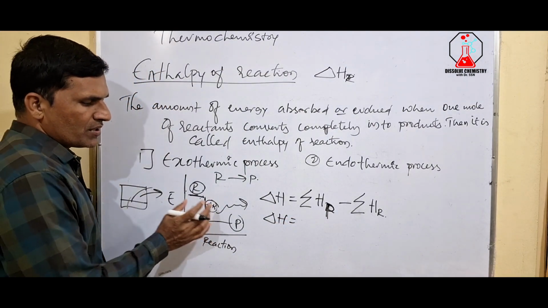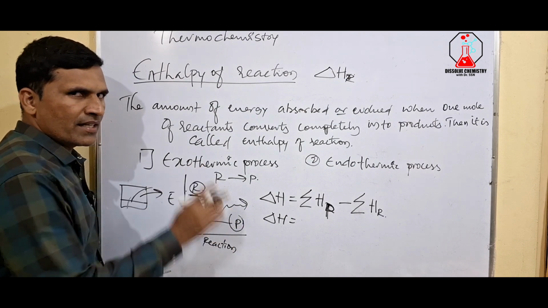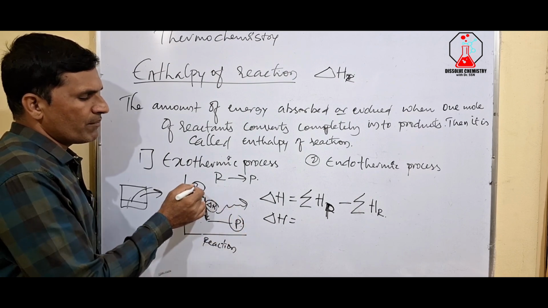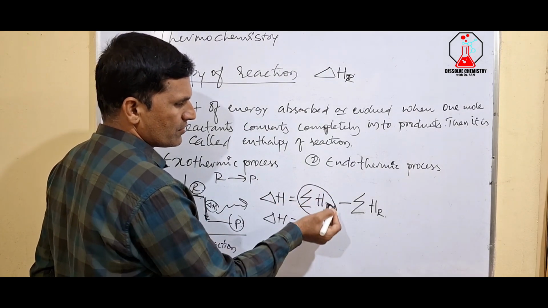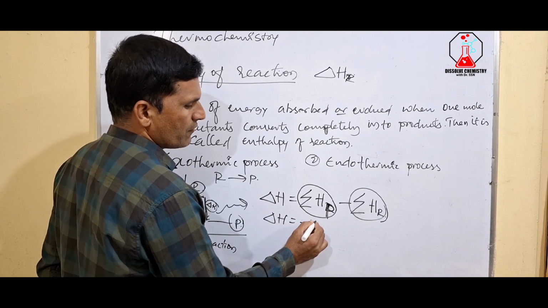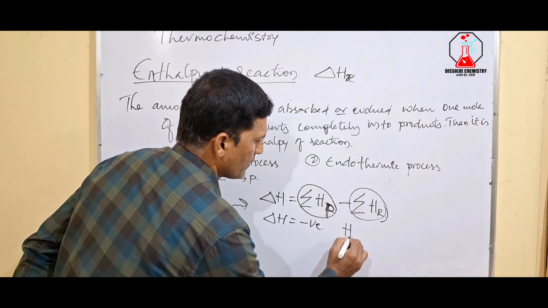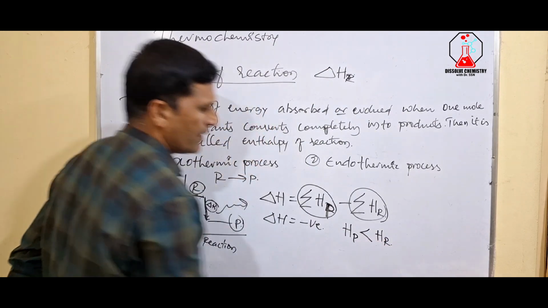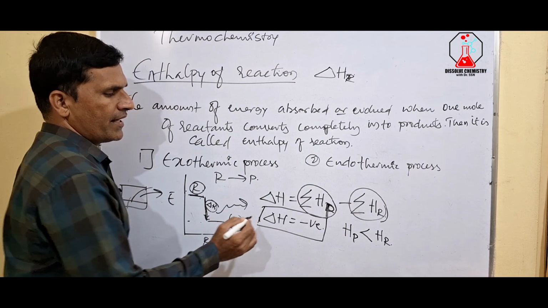Now when you look into this, the energy of the product is less than the energy of the reactant. Overall, the products' energy is very low compared to the reactants. So when this term is smaller than this, your overall value will be negative, when the enthalpy of the products is less than the enthalpies of the reactants. So then your delta H is represented by a negative sign.